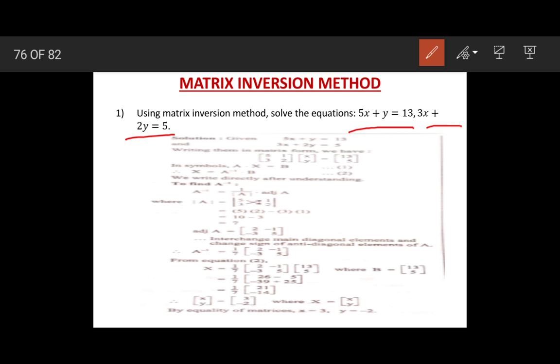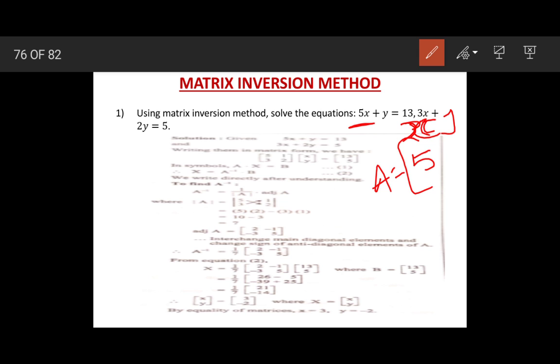So the first step is writing this equation in AX equal to B form, where A is a matrix of coefficient. How to write the A matrix? In the first column, write the coefficients of x, and in the second column, write the coefficients of y. In the first equation, the coefficient of x is 5.